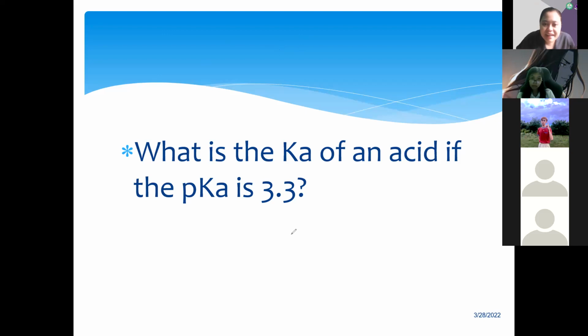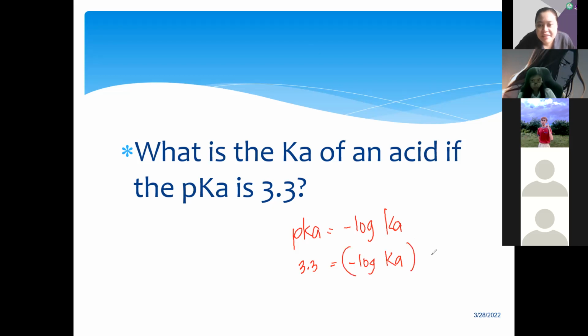Sige daw. Again, pKa is equal to the negative log of Ka. So we are looking here for the Ka. The pKa is given, that's 3.3. This is negative log of Ka. And then again, anong ginagawa dito?